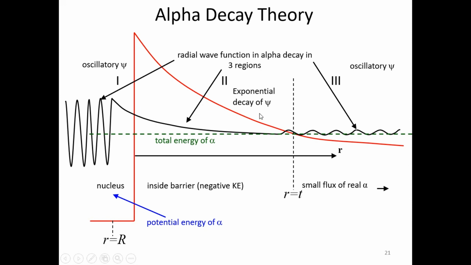The larger the alpha energy, or the smaller the width of the potential offered, the more this oscillatory wave function will get transmitted eventually to the outside. And although it is a bounded state, it will eventually find itself out with a finite probability.